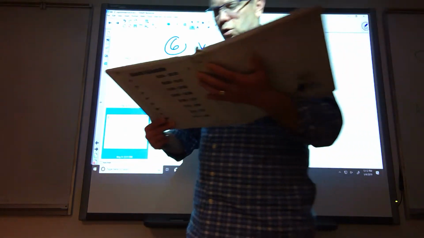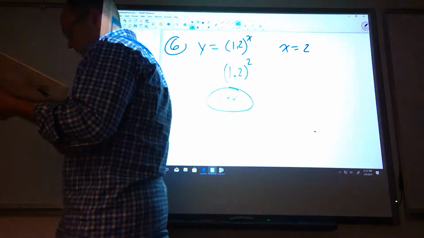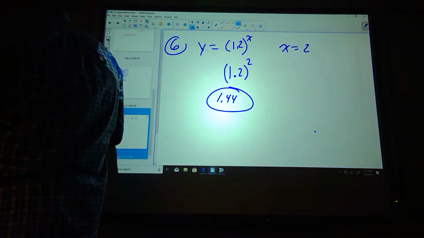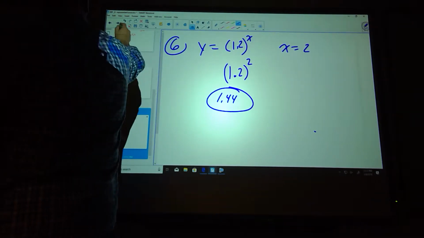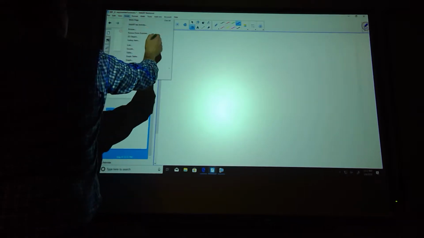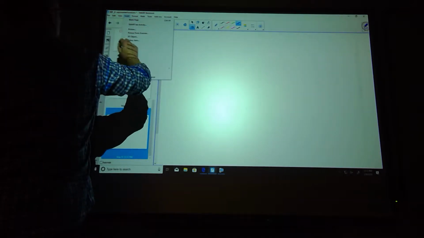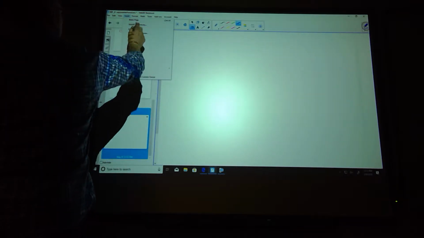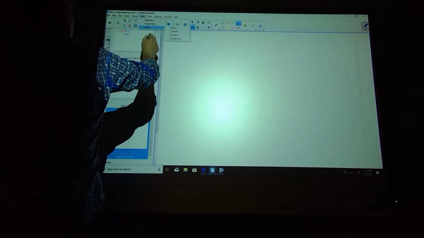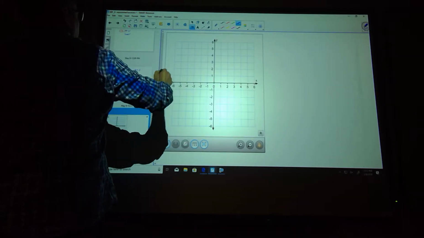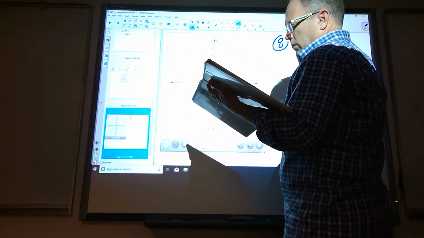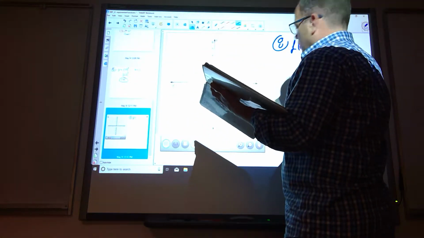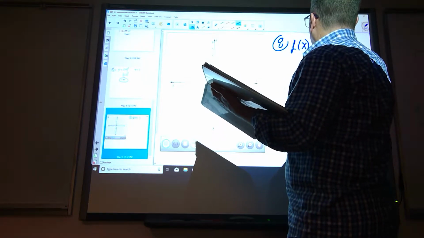Number 8. We want to graph it and compare the graph to the parent function and then describe the domain and range. Okay, so let's go insert. That's math. Graph. Okay, so what is a really good way to approach this problem?